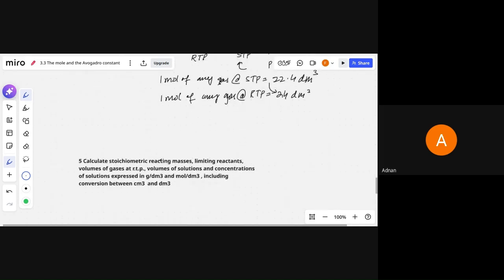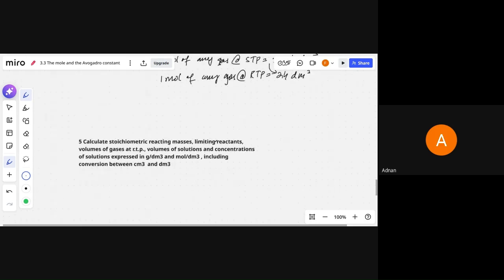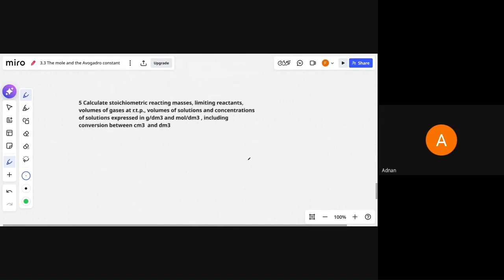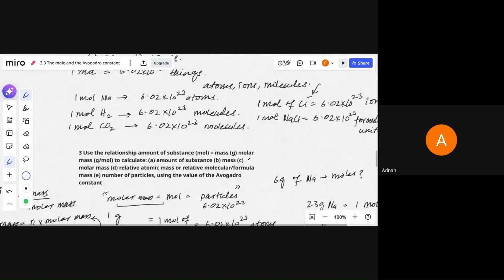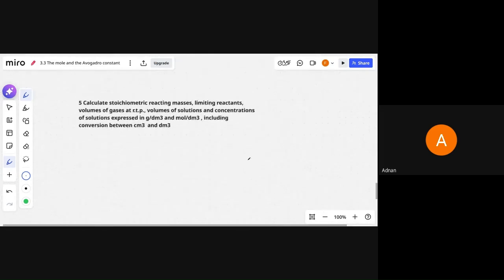Now, calculate stoichiometric reacting masses, the limiting reactants, and volume of gases. Now we can apply what we have studied in the subtopics above, topics 2, 3, and 4, here. This includes calculating stoichiometric reacting masses, limiting reactants, volumes of gases at RTP, volumes of solutions, and concentrations of solutions expressed in grams per dm cubed and moles per dm cubed, including conversion between cm cube and dm cube.